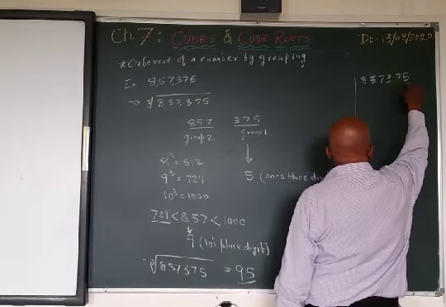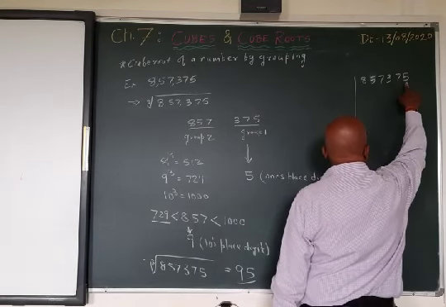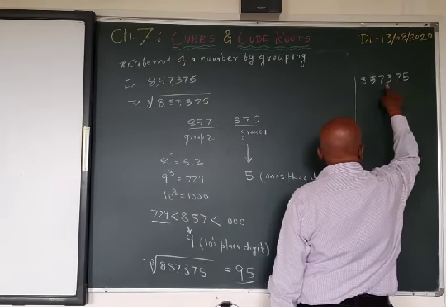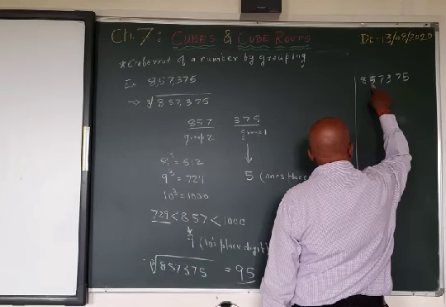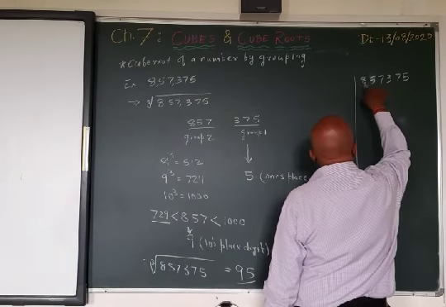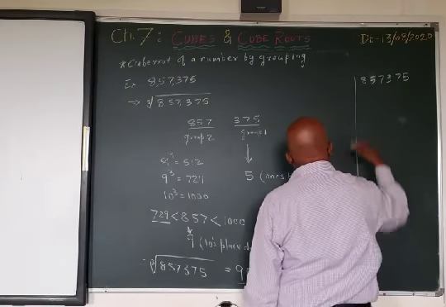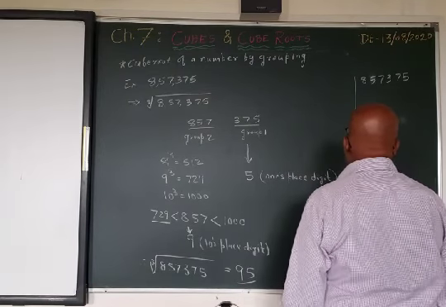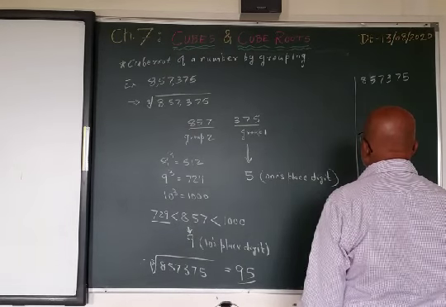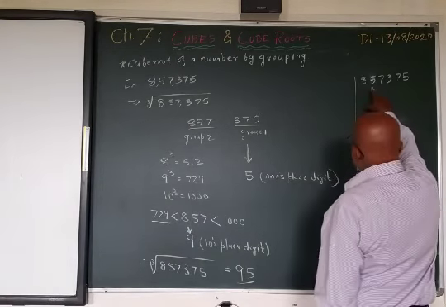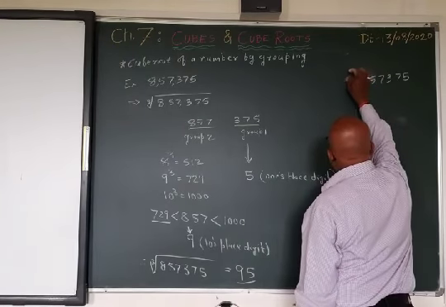Now here we can add the digits: 10 and 12, 22 and 5, 27 and 8, 35, which is not divisible by 3. So we'll directly go for 5.